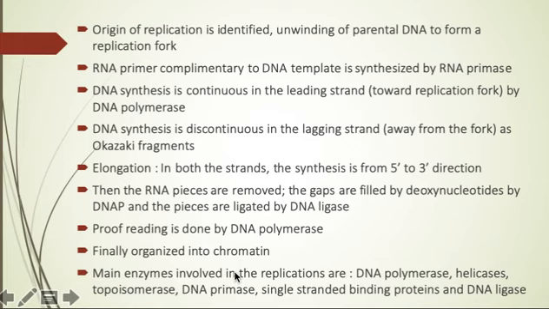And the main enzymes involved in replication are DNA polymerase enzyme, helicases, topoisomerases, DNA primase, single-stranded binding proteins, and DNA ligase. Okay, so this is just a summary of what the whole replication process is. Okay, so this is it about replication.